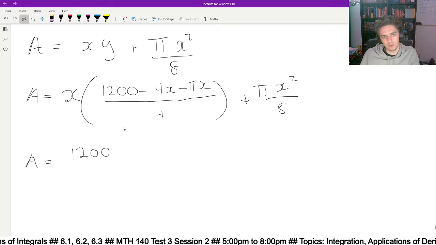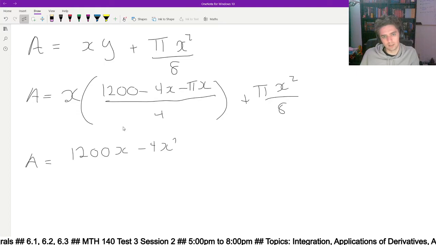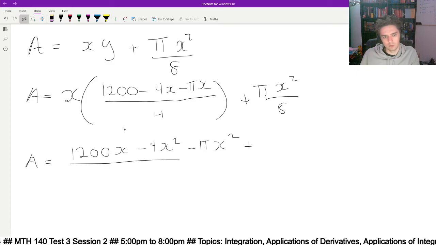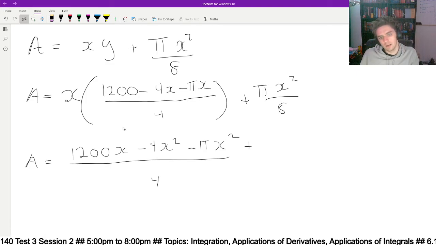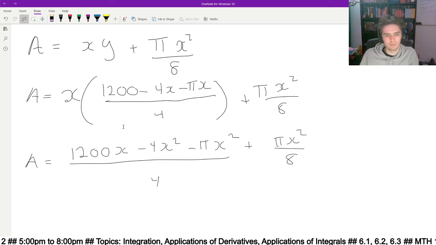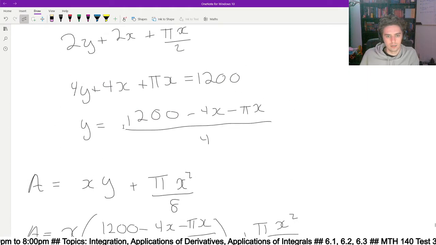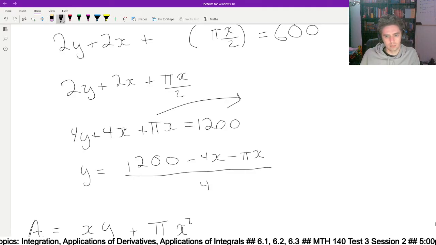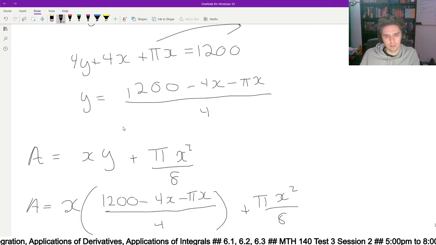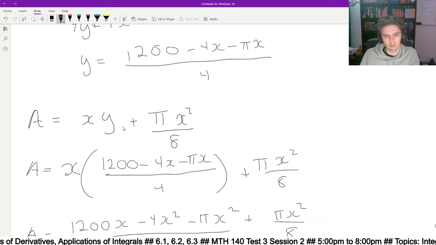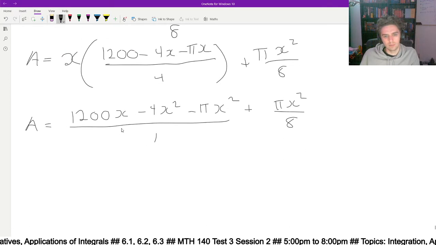So 1200x minus 4x squared minus pi x squared all over 4. Plus pi x squared over plus pi x squared? No, because we moved it over, so it'd be minus. So it should be negative.